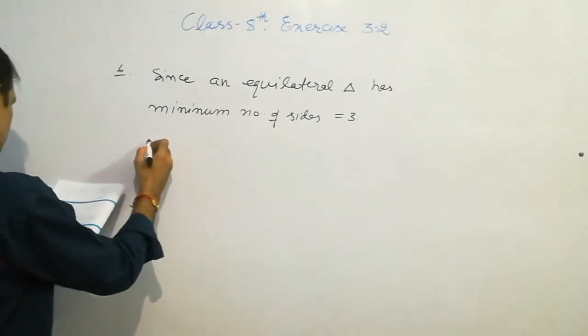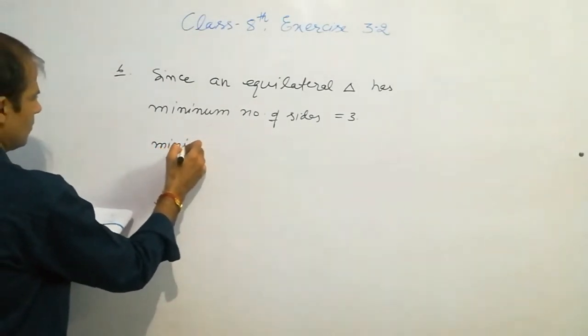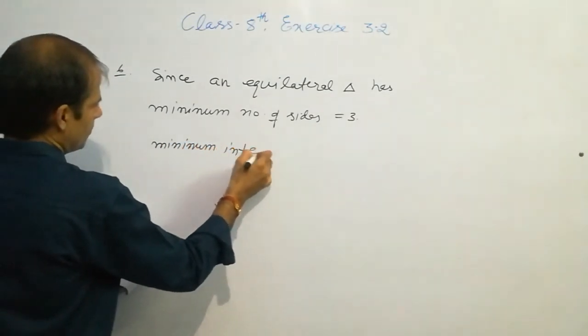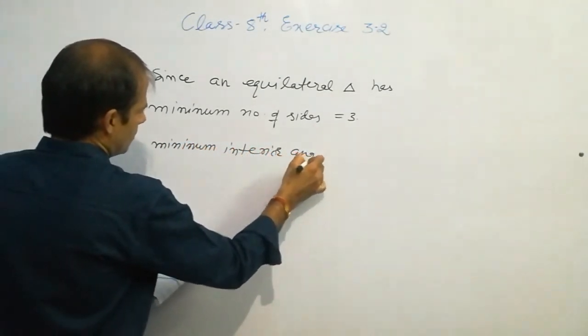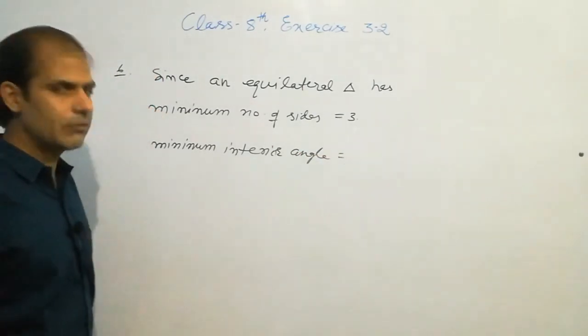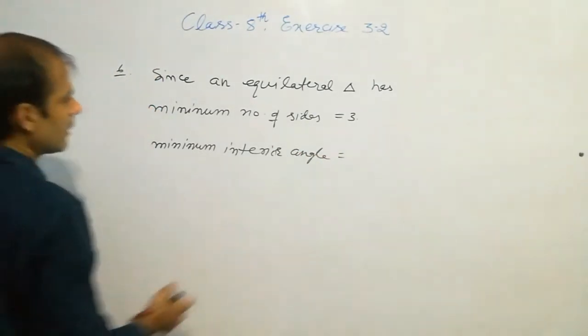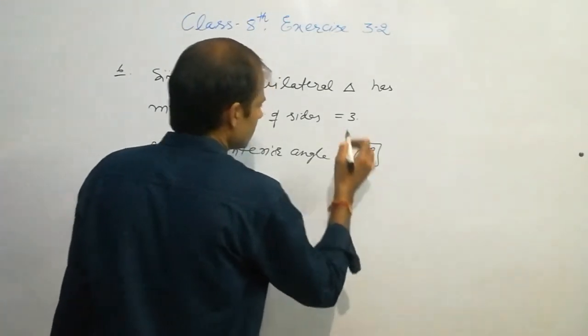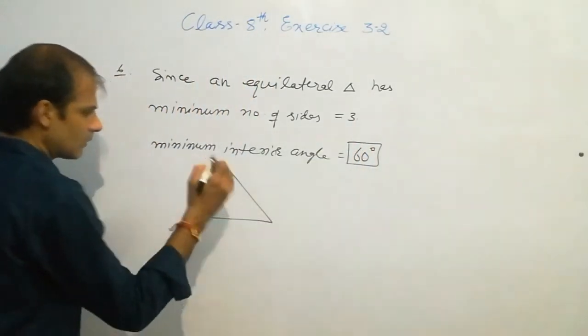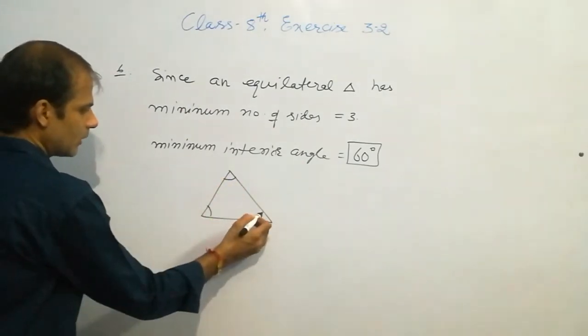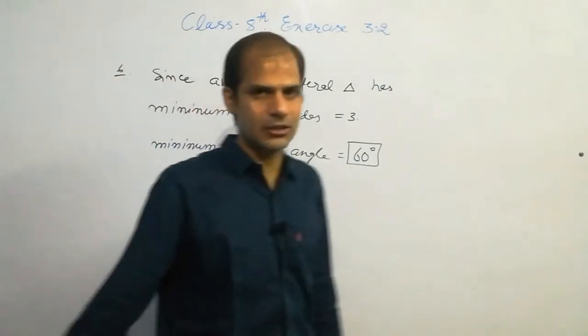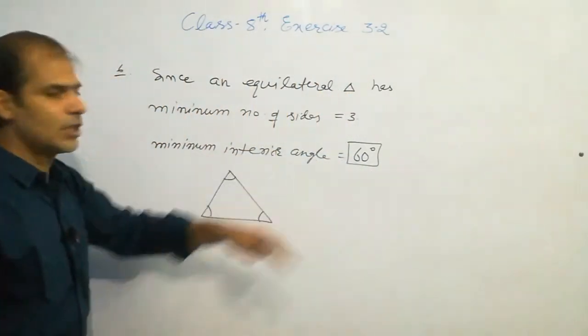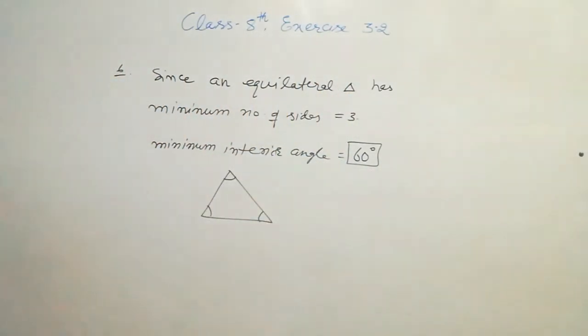So we can write minimum interior angle. As you know, in the case of equilateral triangle, the measurement of each interior angle is 60 डिग्री. हमें पता है कि इक्विलैटरल ट्रायंगल में तीनों इंटीरियर एंगल्स होते हैं वो 60 डिग्री के होते हैं, 60 डिग्री ईच. सो द आंसर इज 60 डिग्री. ओके स्टूडेंट्स, द आंसर ऑफ पार्ट ए, दिस इज part A of sixth question. It is 60 degree.